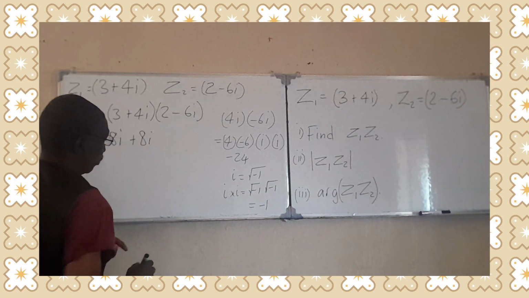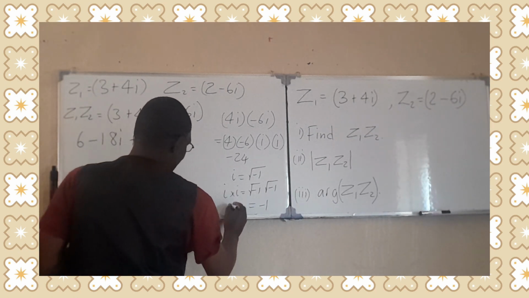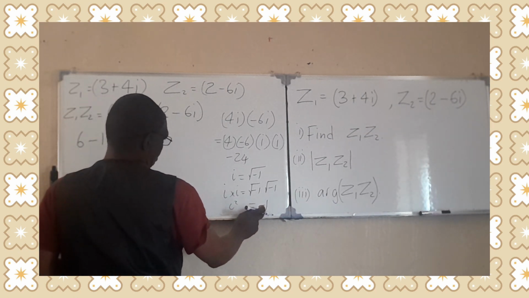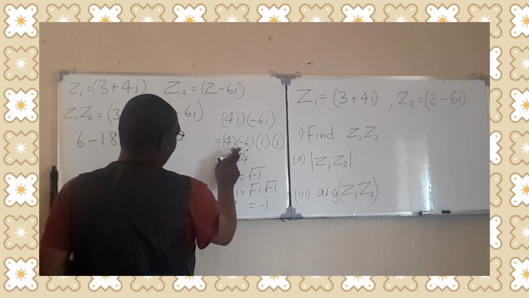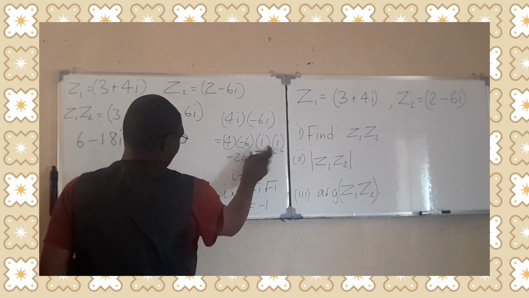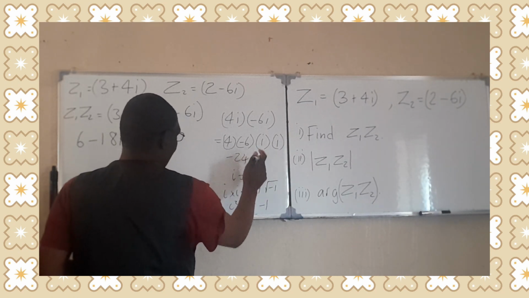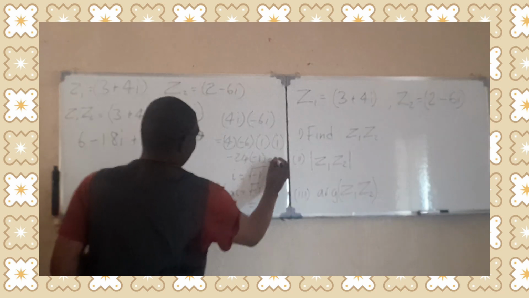That's what we have to know always: when i multiplies itself, i squared is always equal to minus 1. So here we have a minus 24 multiplied by a minus 1, resulting from this and that multiplying itself. So that becomes minus 24 times minus 1, and we get a 24.